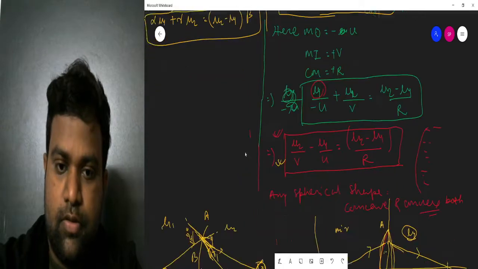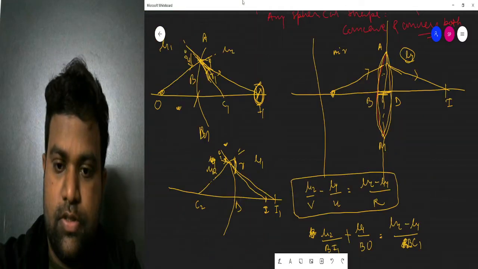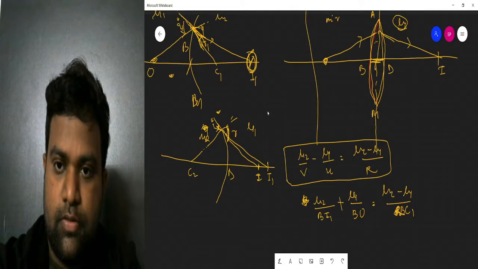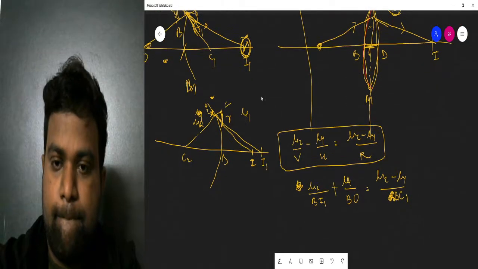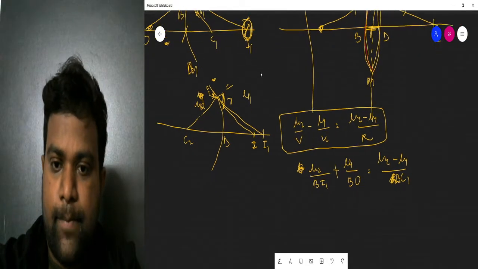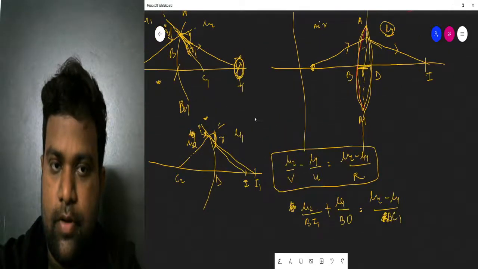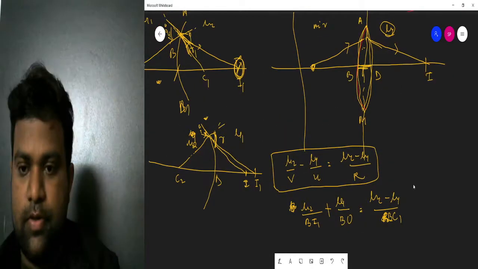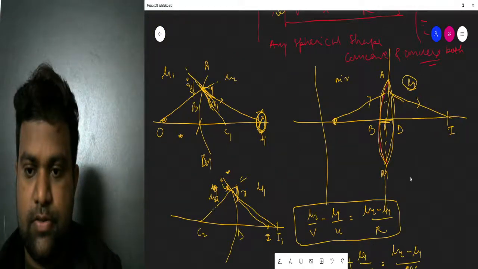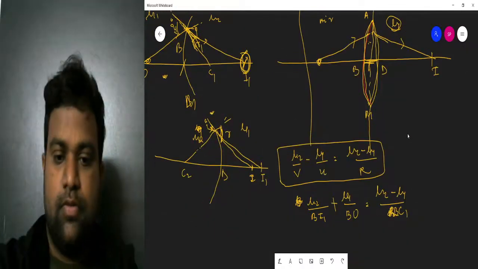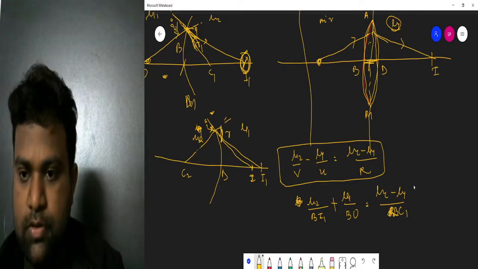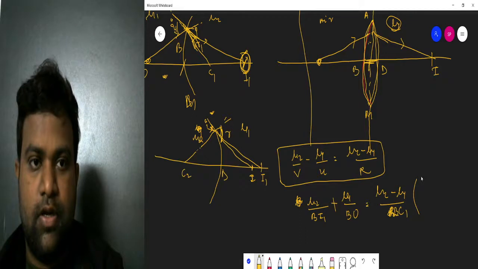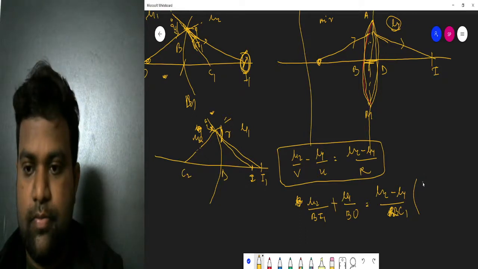Then you can see here, okay. So this is for the ABM surface.